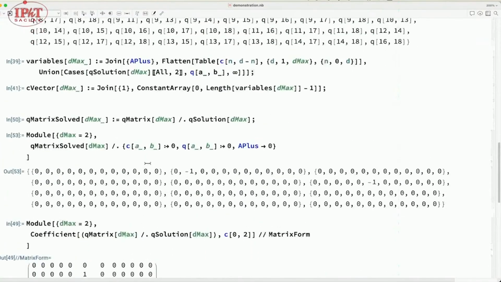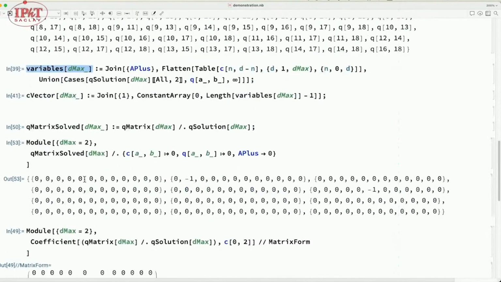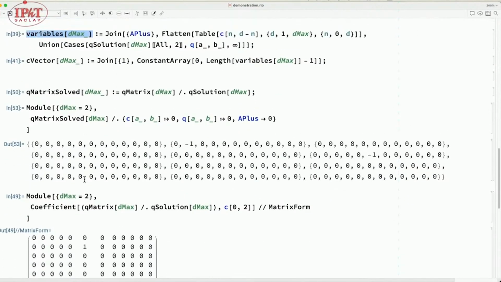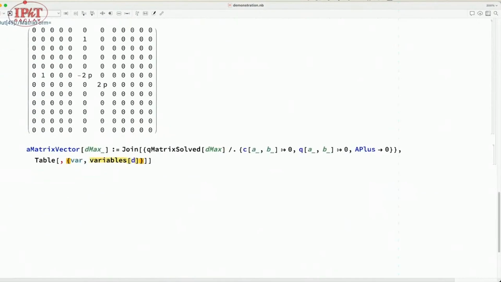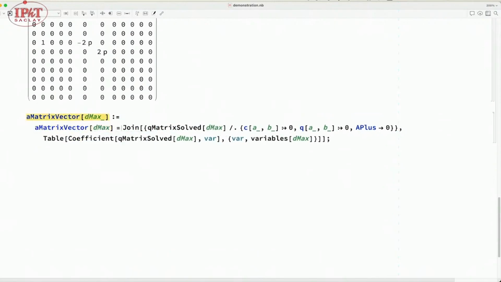Remember, we defined a vector of variables, which are the variables that we are trying to solve for, and we are going to scan over all of them. That's what we are doing here, and we are going to compute a matrix, which is the coefficient of the variable in Q matrix solved.